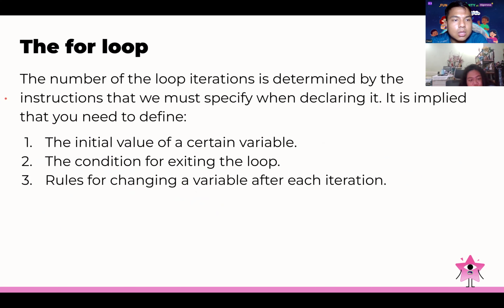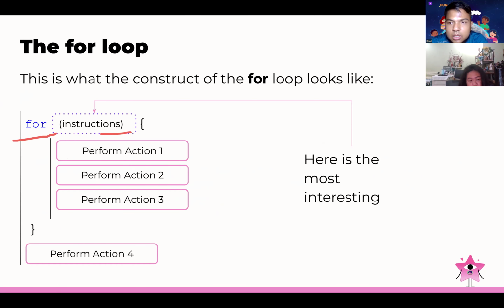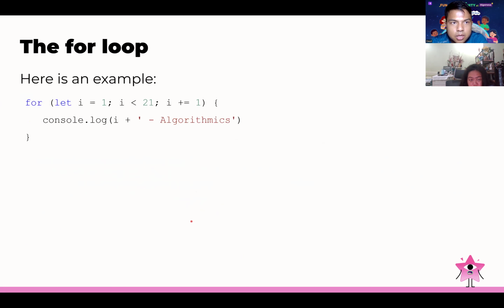Now, you can use a loop for the instructions and then the body loop. For example, you want to create the loop with let i less than 21 and i plus equal 1.